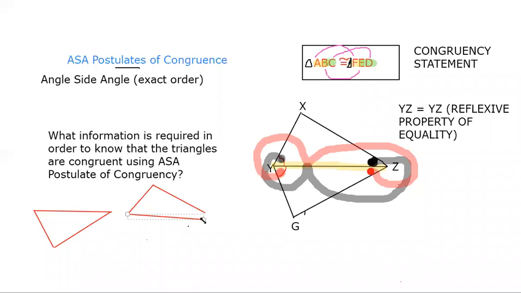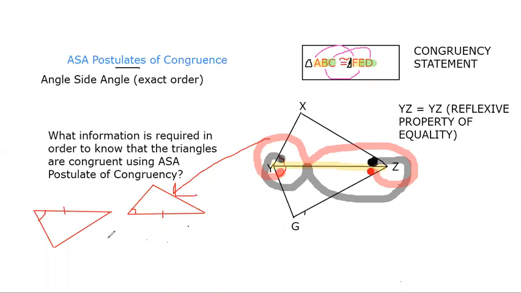So, whoops, take those right apart, just like so. What I know about them right now is this side and this side are equal. And I've been given in the picture that this angle and this angle are equal. All I did was I cut this in half. And I took it apart to give me this one and this one.